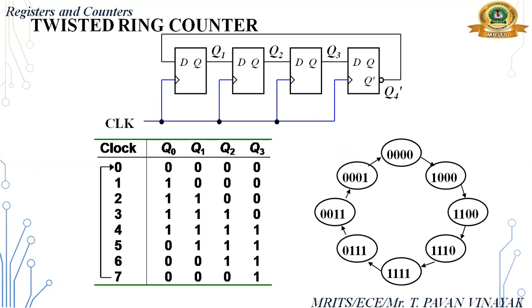Now for that purpose I have to decode, because we have so many values. So which clock pulse is which one? You have to decode it. The decoding circuit is this one.